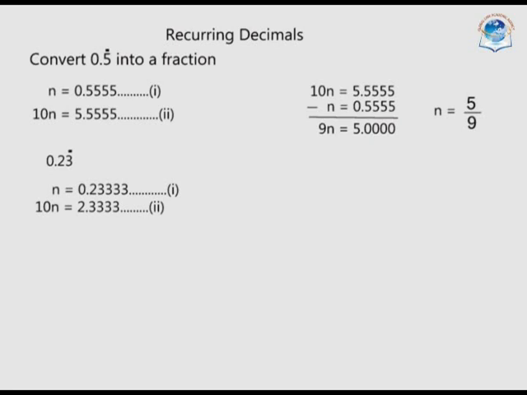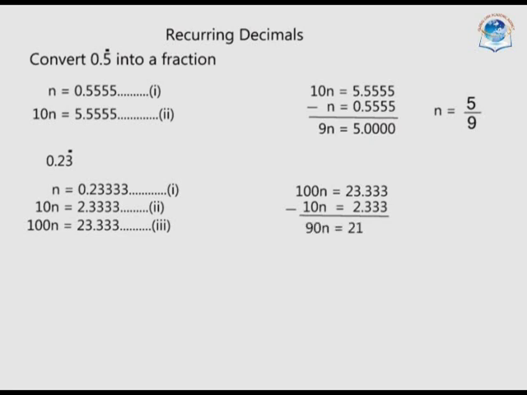So we move on and multiply equation 1 by 100 instead. 100n is equal to 23.33. Now we can subtract equation 1 from equation 3, 100n, and we shall have 90n is equal to 21. N is equal to 21 over 90. Simplified is 7 over 30.